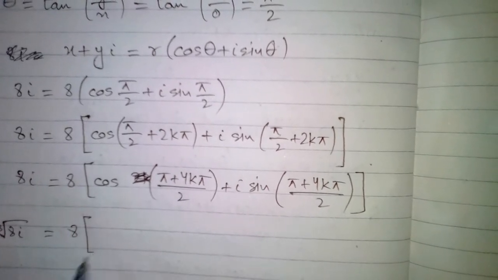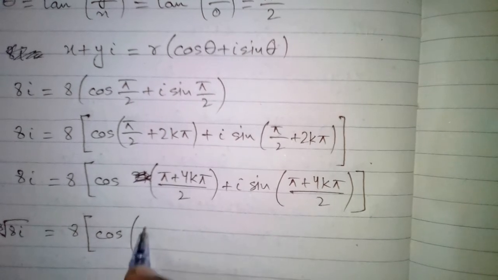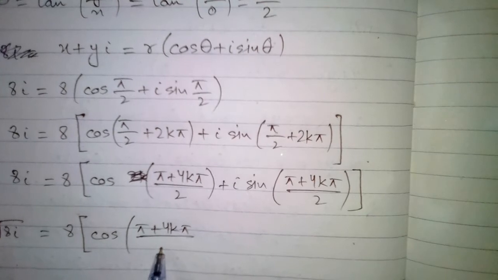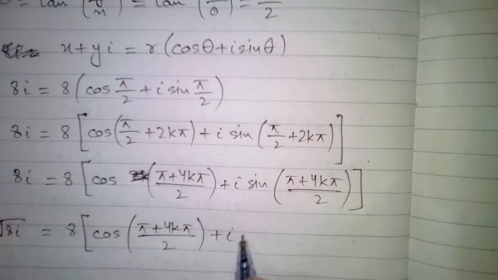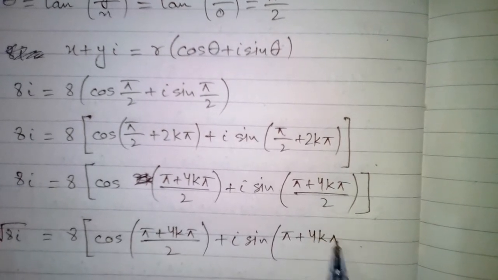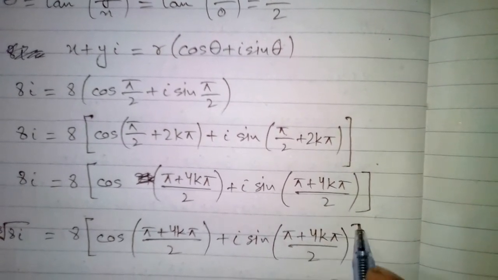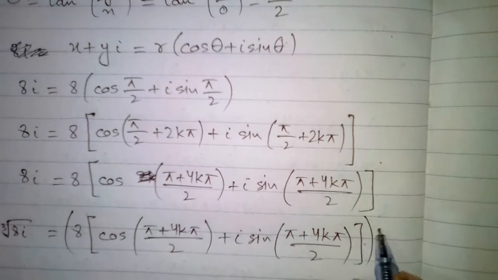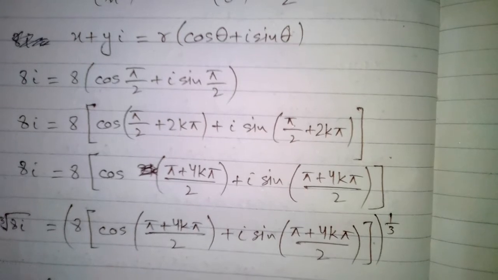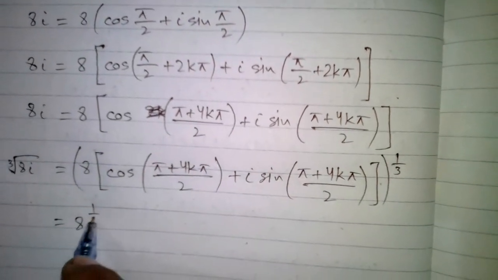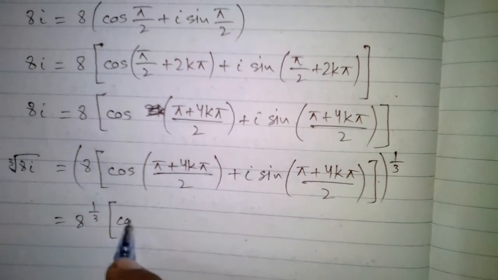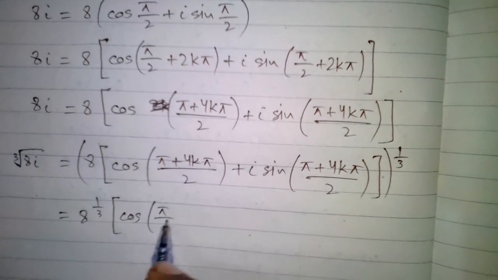So cube root means anything raised to the power 1 upon 3. So we will take 1 upon 3 as a power of this whole thing. Now 8 raised to the power 1 upon 3, and this whole factor also raised to the power 1 upon 3.